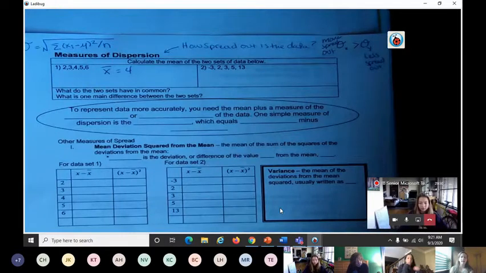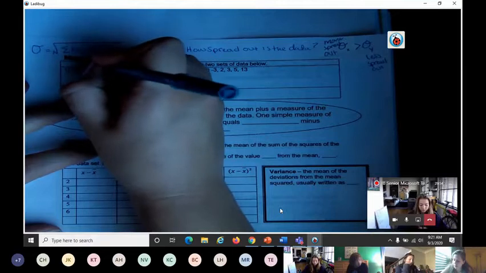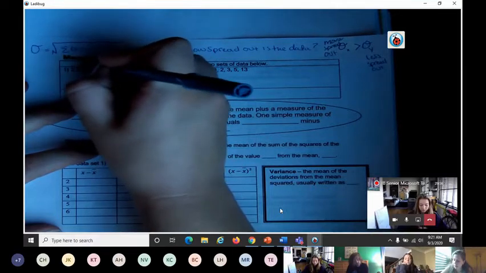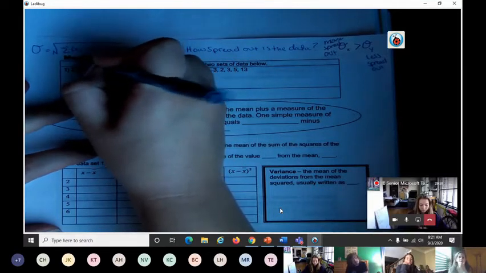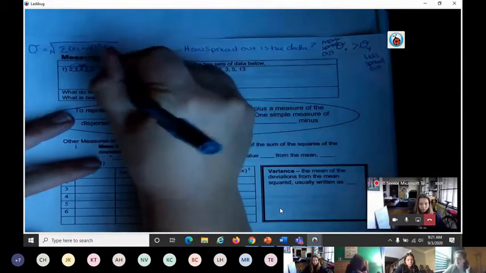Okay, so we're asking how far are each of these values from the mean value? And so we can calculate this variance.